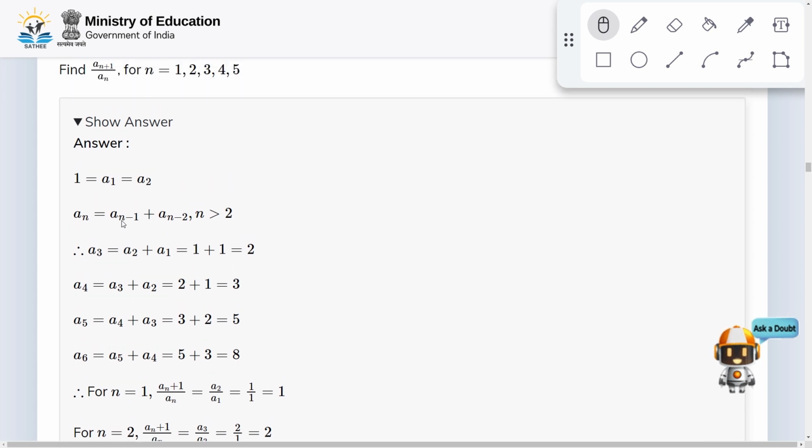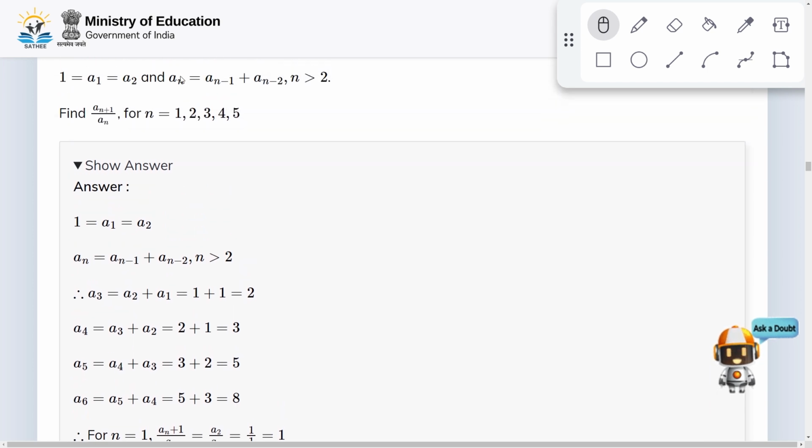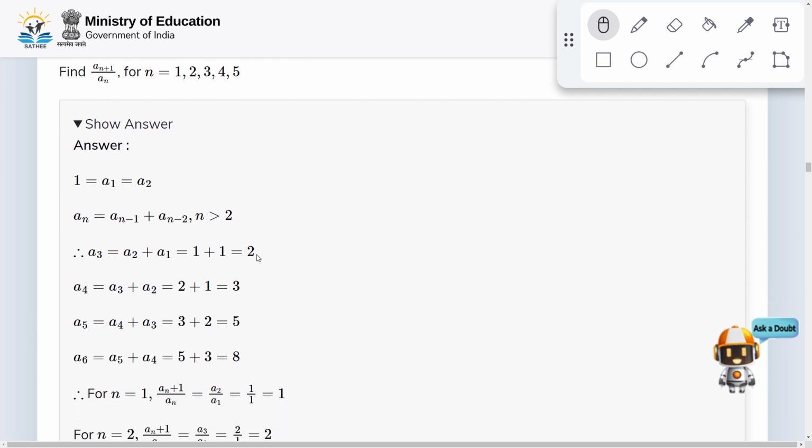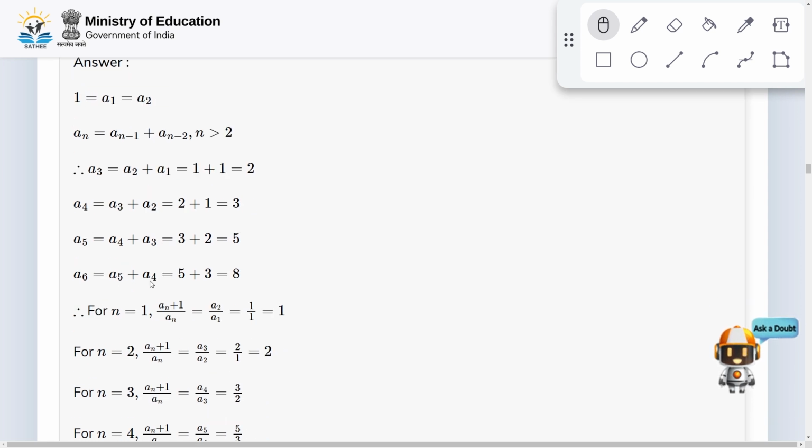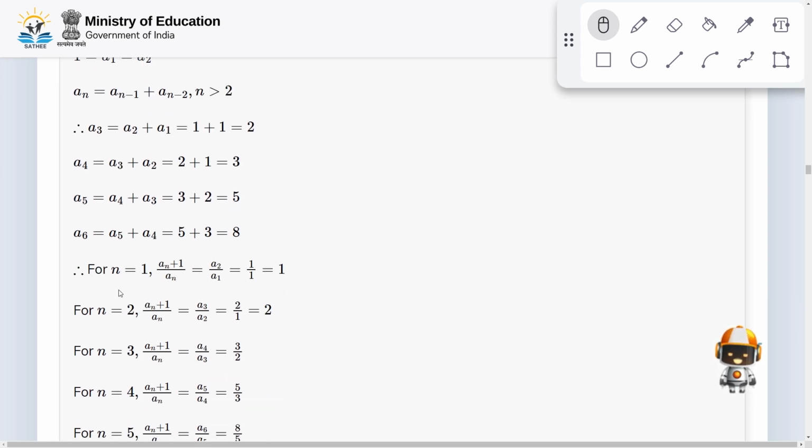So A3 will be A2 plus A1, which means 2. A4 will be A3 plus A2, which means 3. A5 will be A4 plus A3, which means 5. And A6 will be A5 plus A4, which means 3 plus 5, that is 8. Now the ratios.